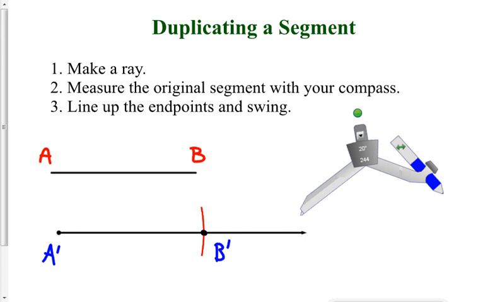Another point that I want to make: the arc that I made here on the ray, this is what we call a construction mark. Notice I didn't erase the part of the ray that is not segment A prime, B prime. Notice I didn't erase the arc that led me to point B prime.